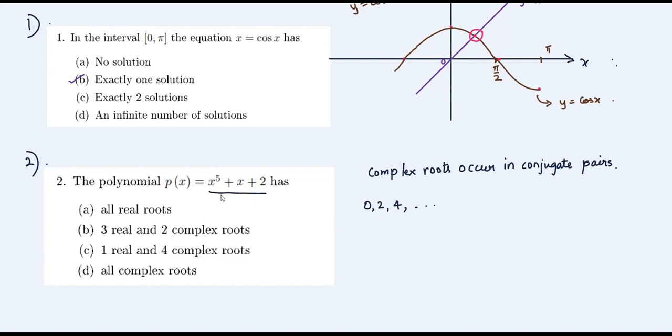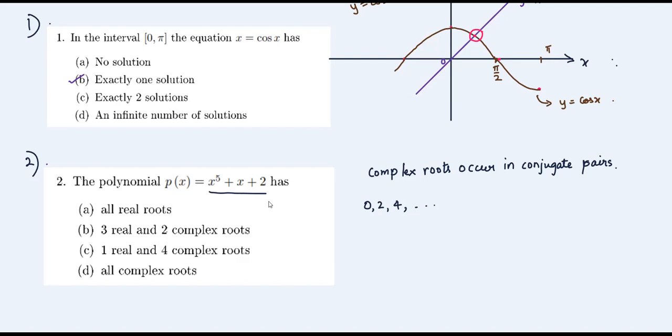Here in this particular case, this is x power 5, so it has 5 roots for sure. Now complex roots can be none, so all 5 may be real solutions. Or we may have 1 real, 4 complex, or 3 real, 2 complex, like that.